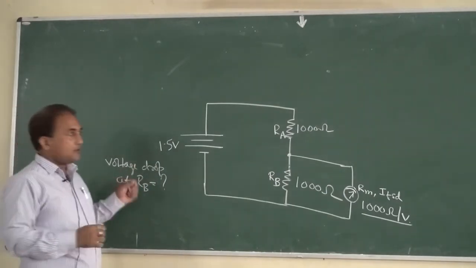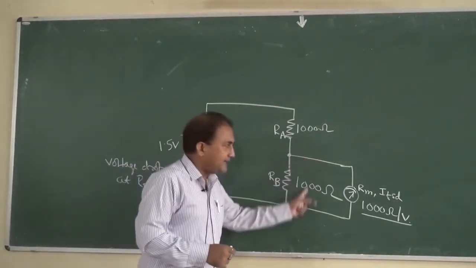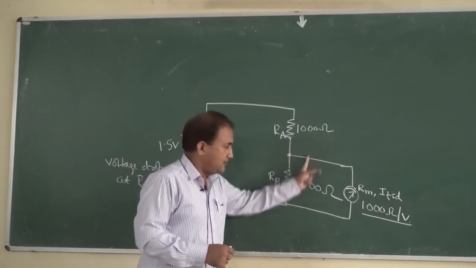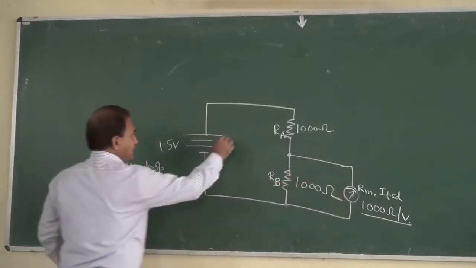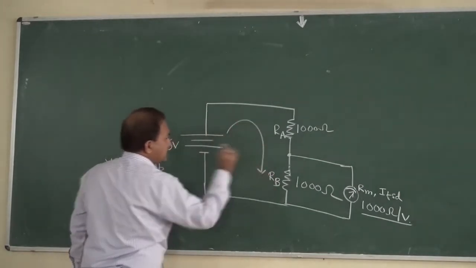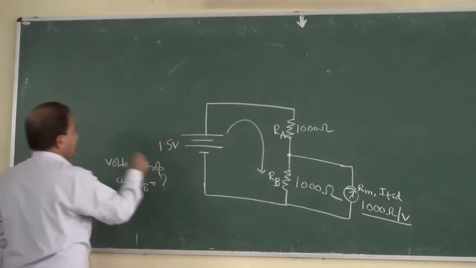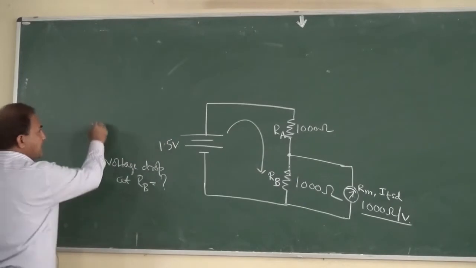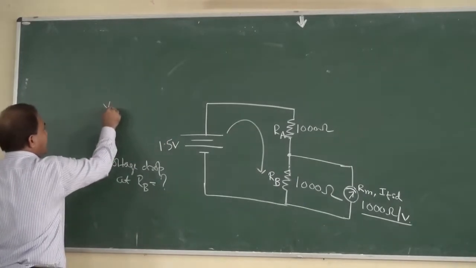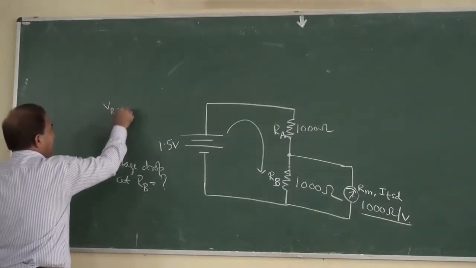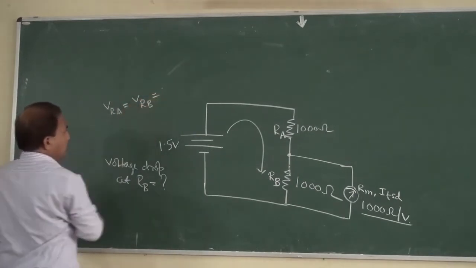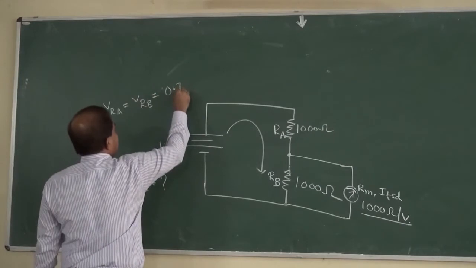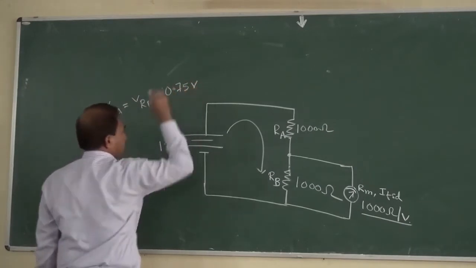So without connecting this PMMC meter, what will be the voltage drop across RB? The voltage drop across RA, VRA, is equal to VRB, which is equal to 0.75 volt.